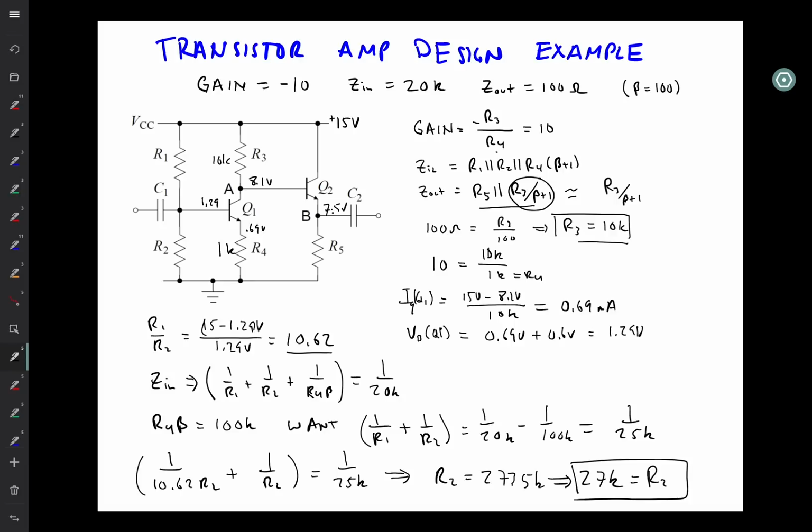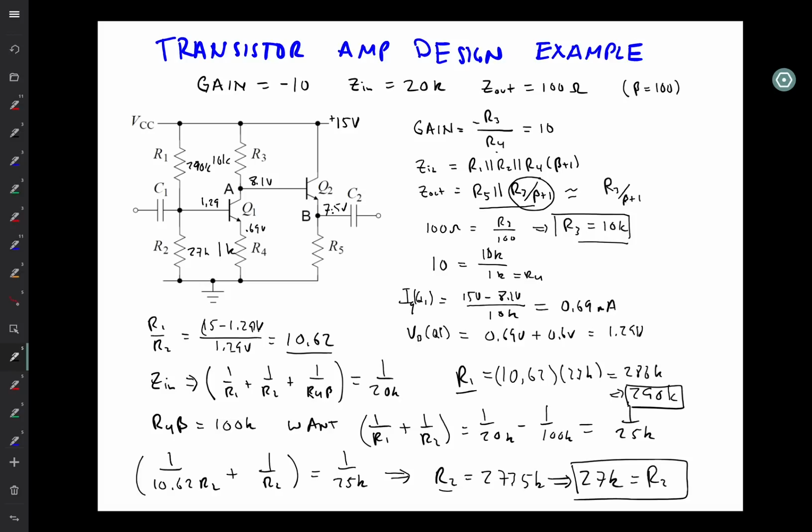And then I would just multiply this by the 10.62 to get that R1 is going to be equal to 10.62 times 27K, which is equal to 286K, which again, the closest value is 290K. So that is going to give us R1 and R2. So this is going to be 27K, this is going to be 290K. And that sets the resistances for the transistor amp Q1.